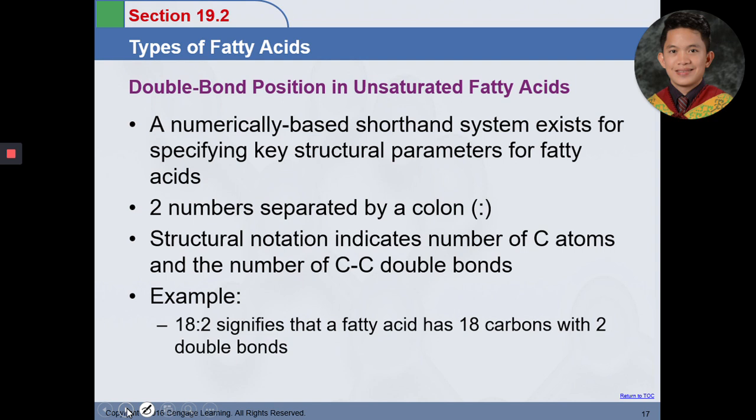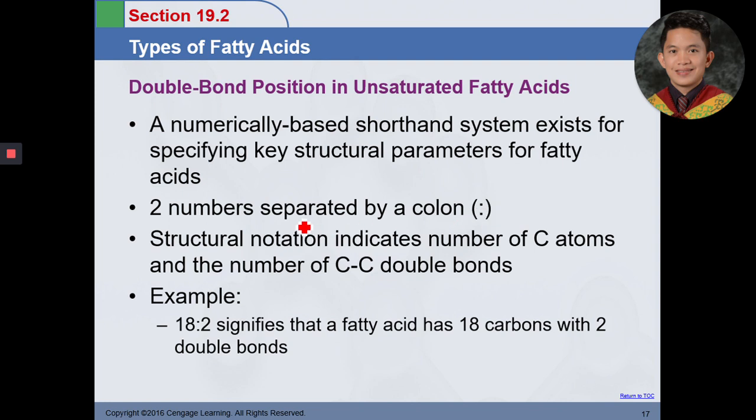Moving on, we have here the double bond position in unsaturated fatty acids. We use a numerically based shorthand system for specifying key structural parameters for fatty acids. This system uses two numbers separated by a colon.